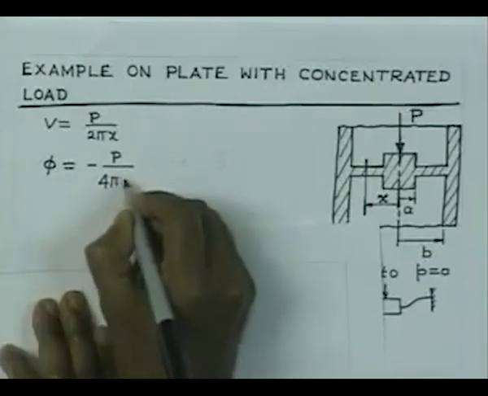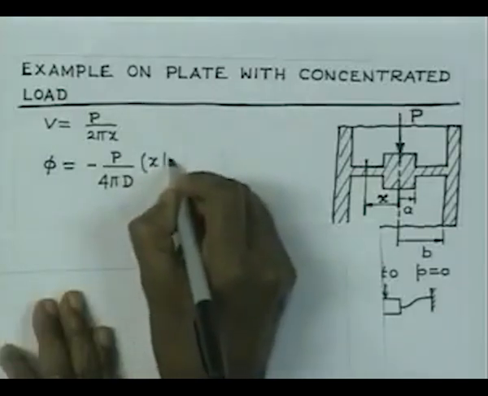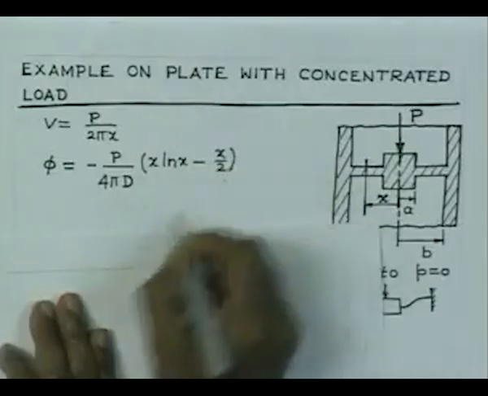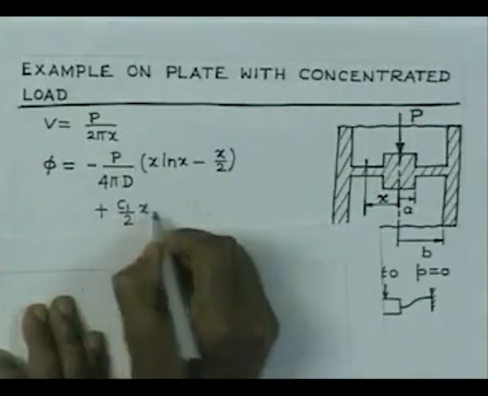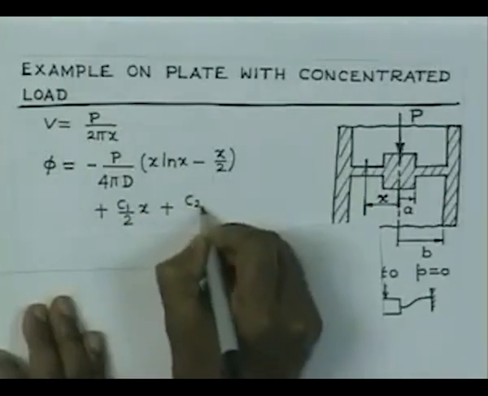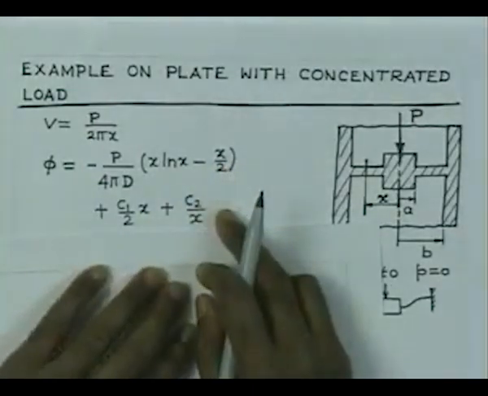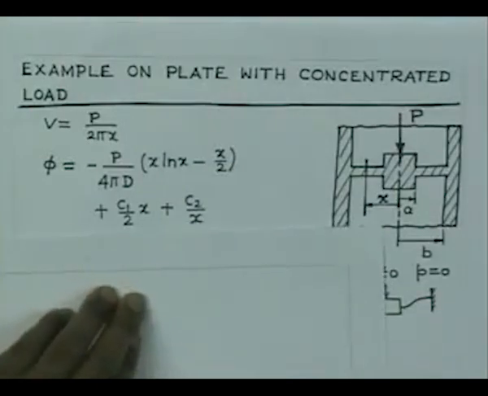It is nothing but P by 4 pi D into x ln x minus x by 2 plus C1 by 2x plus C2 by x. So, we have obtained this phi making use of the solution that we had derived in the last lecture. Therein we have simply knocked out the expression involving small p, and we are left with this expression for phi.